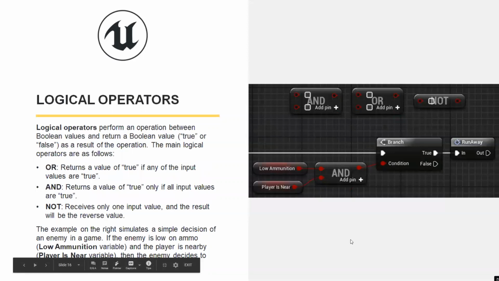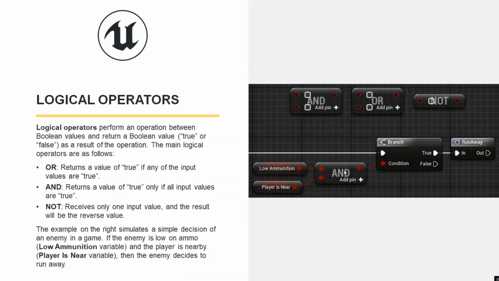Logical operators, another type of conditional operator, where it checks the value, and based on those, it returns a Boolean. So in this case, it's taking in two bools and ANDing them together. So if this value is true and this value is true, this returns true. If either one of them is false, this returns false. If they're both false, it returns false. Or is the opposite.